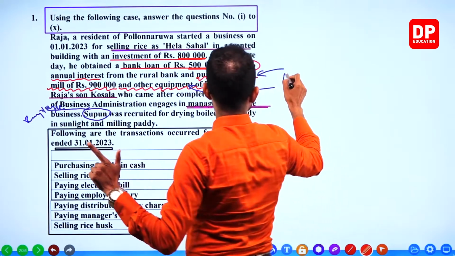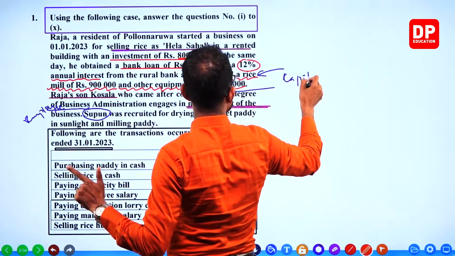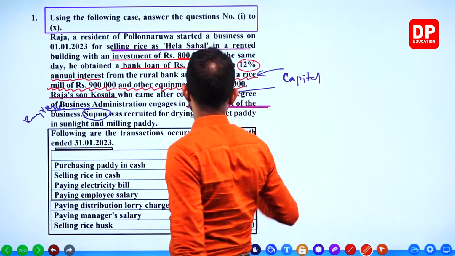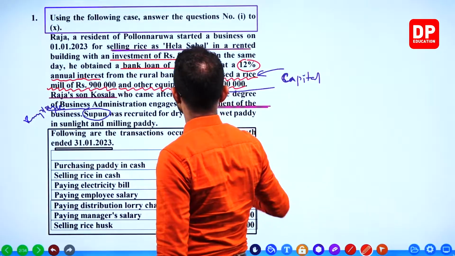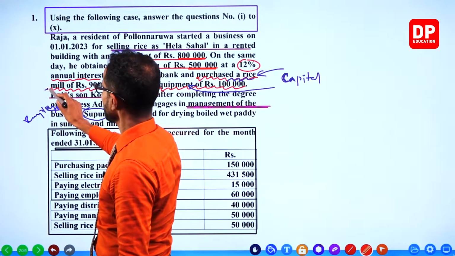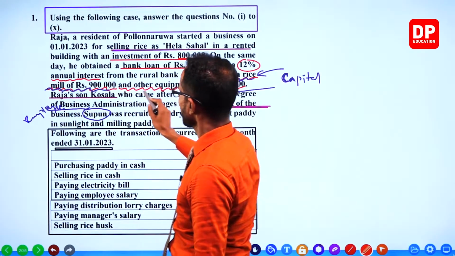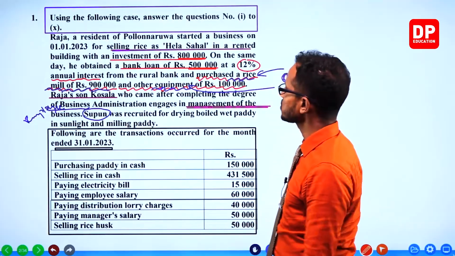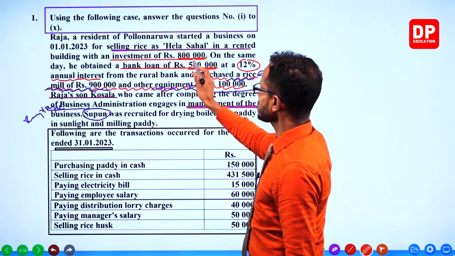These are capital items. Cash is also capital.